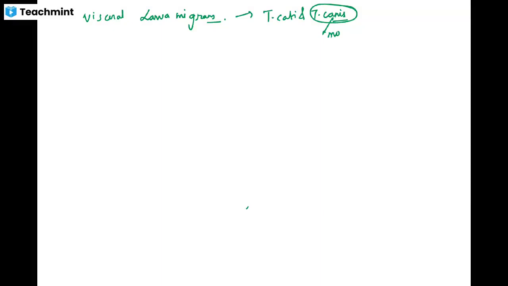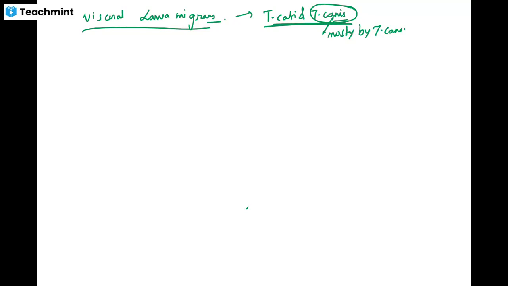Next thing is visceral larva migrans. It is mainly caused by the larva of Toxocara cati and Toxocara canis. Mostly by Toxocara canis. अब ये होता कैसे है कि it does not occur in the normal host of Toxocara cati and canis, in dog and cat.